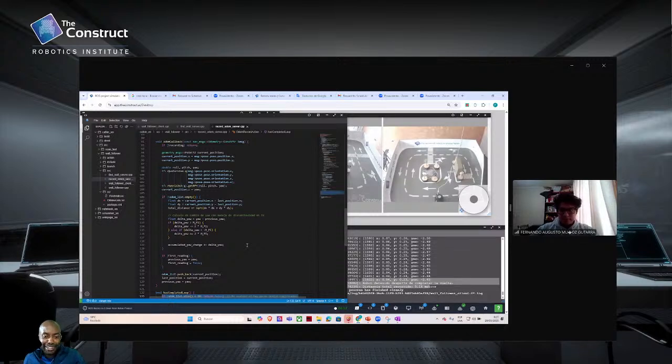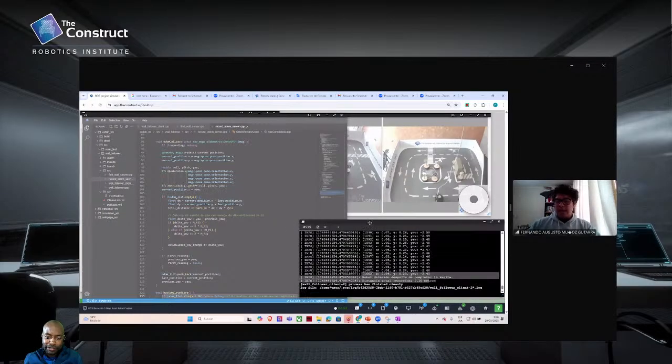Right. I think that's one of the big differences between ROS 1 and ROS 2. So what do you understand by roscore in ROS 1? Roscore is like a master node. In The Construct you don't use roscore because everything is already implemented there, so you don't need to start it.